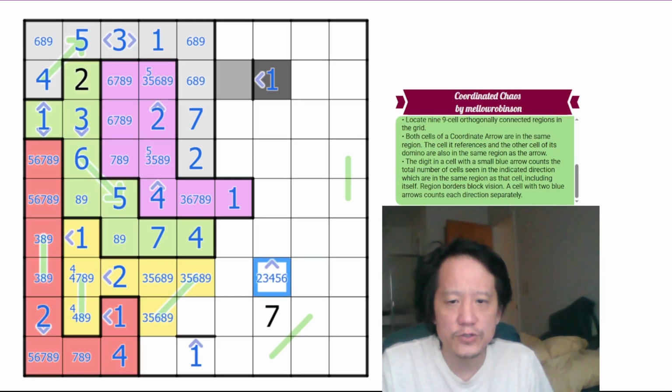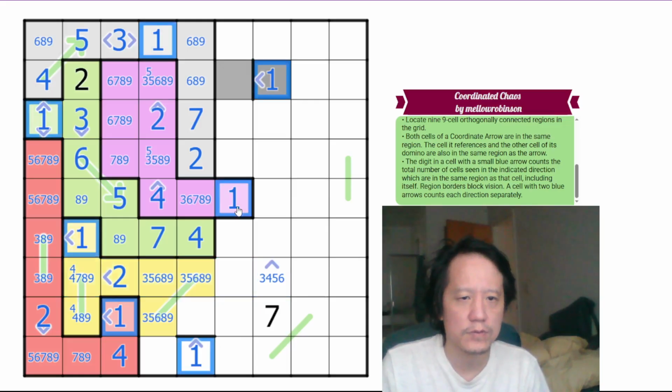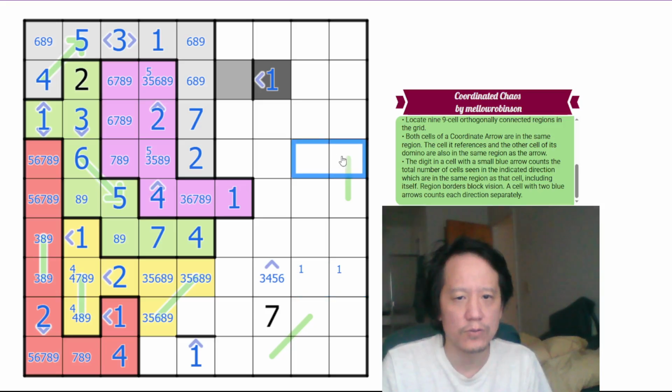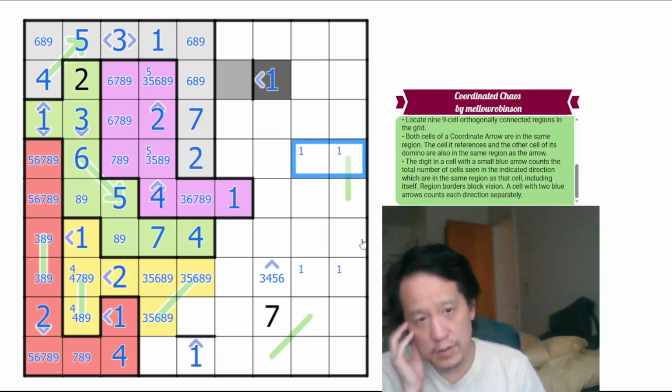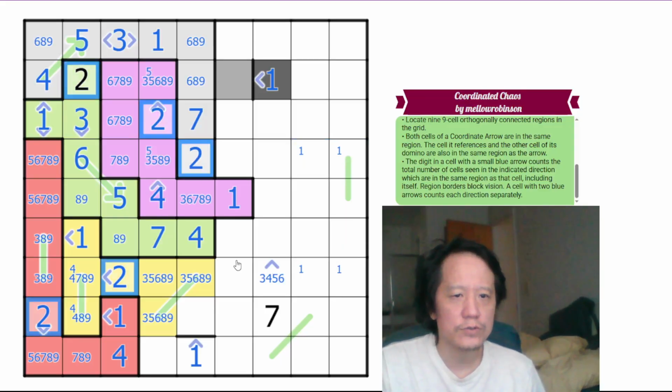This can't be 2 because of the 2 in the row. Where are the remaining ones? One can be here, or one can be here in the grid. 2s.